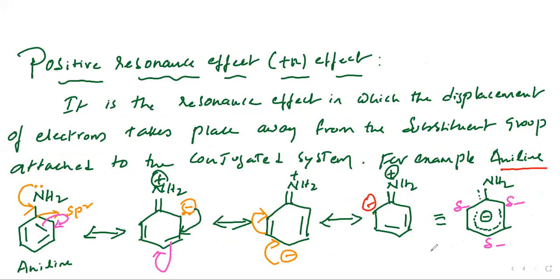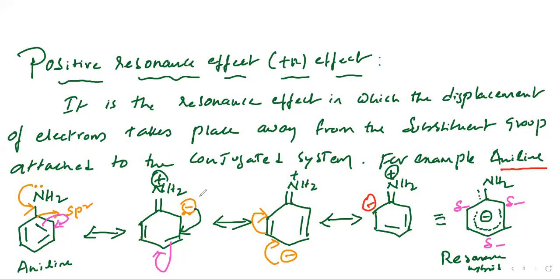Like that, the last structure we are calling a resonance hybrid. In this resonance hybrid, you can see all four structures. If you write all four structures in one structure, we call it a resonance hybrid.